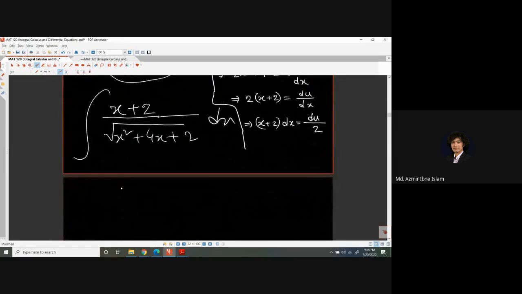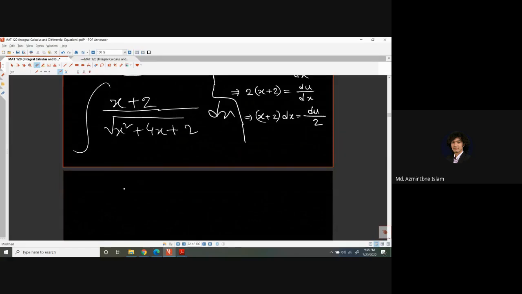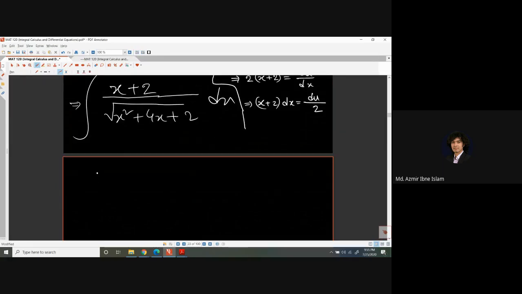Okay, so you can see that for this integral we can write it this way: integration of 1 over the square root of x squared plus 4x plus 7 times x plus 2 dx.